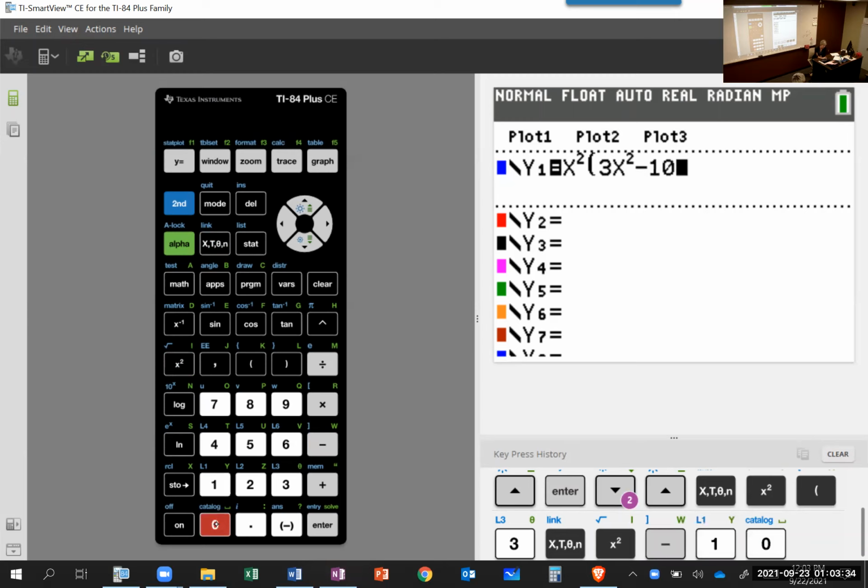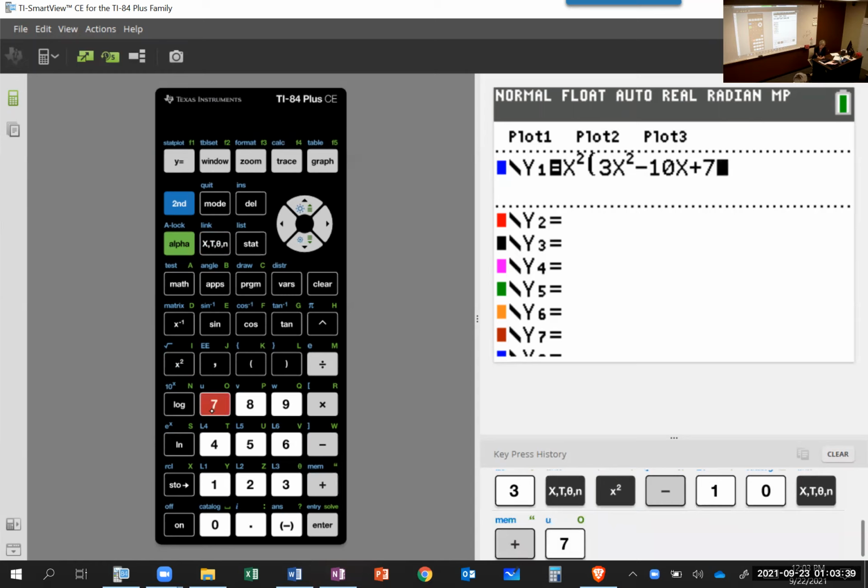Because we're still using our calculators for this, but we are practicing other stuff as well. X squared times 3x squared minus 10x plus 7. Okay? Everybody get that put in? Even on your Desmos calculators? Okay? All right. So now did everybody get that put in? Yeah, shake your heads if you're done.